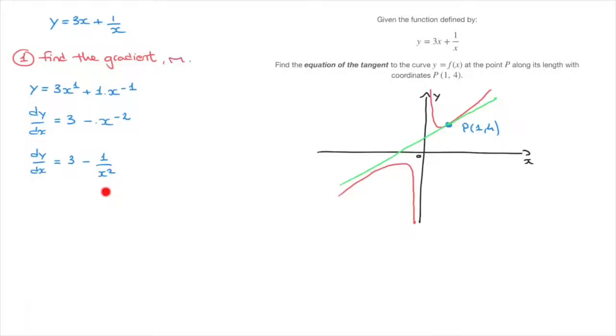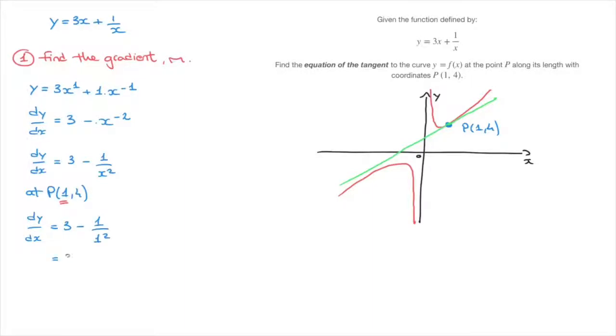Now that we have the derivative, we can find the value of the gradient of the curve at point P. Indeed, at point P, with coordinates 1 and 4, the x-coordinate is 1. So to find the gradient of the curve at this point P, all we need to do is replace x inside dy/dx by 1. So that would be dy/dx equals 3 minus 1 over 1 squared.